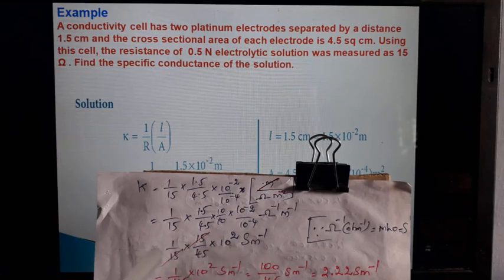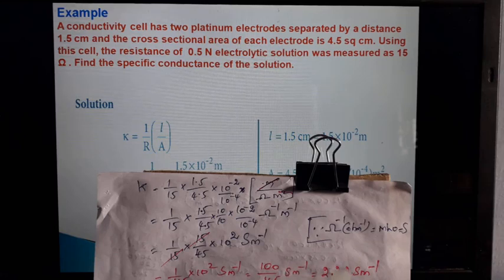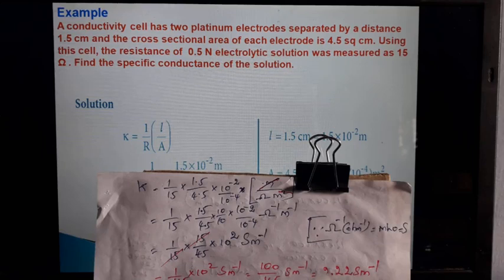So 1 by 15 cancelled, 1 by 45 into 10 square, which means 100 divided by 45 S per meter. This is equal to 2.22 S per meter. This is the final answer. Okay. Now next problem.